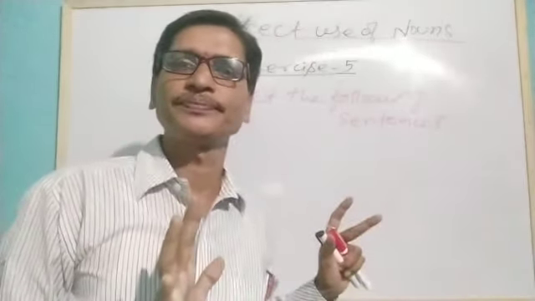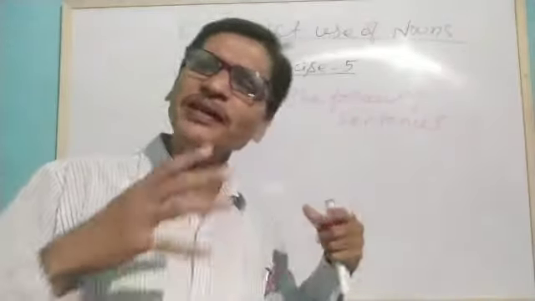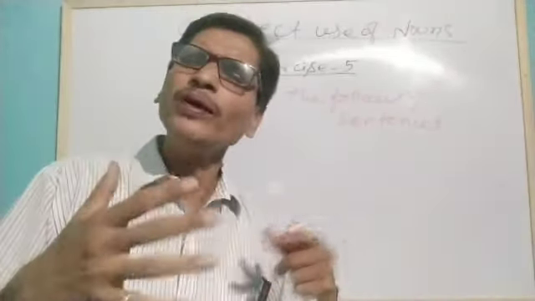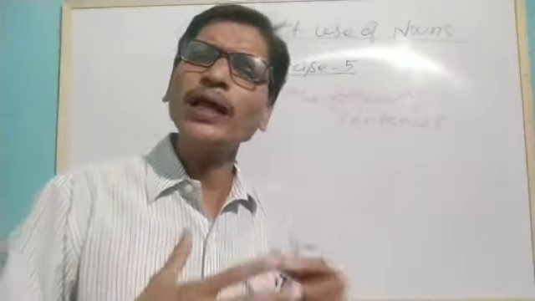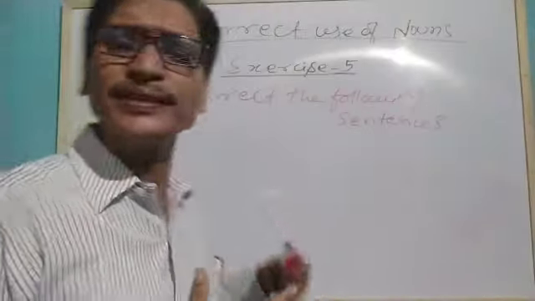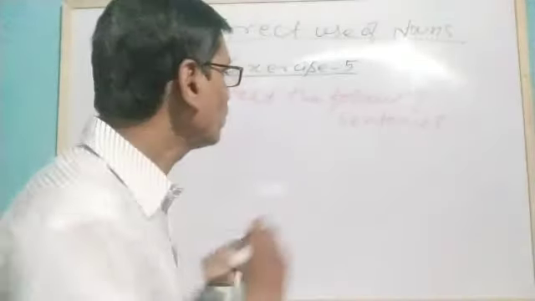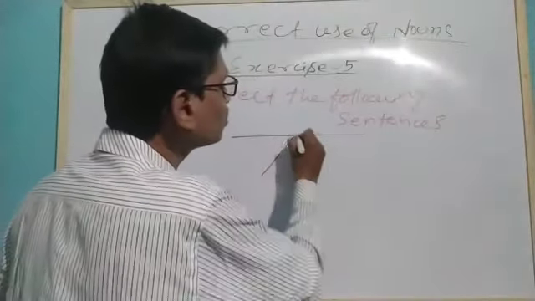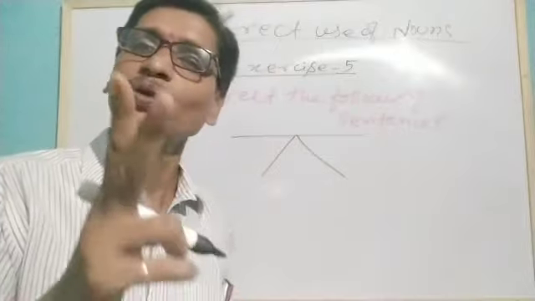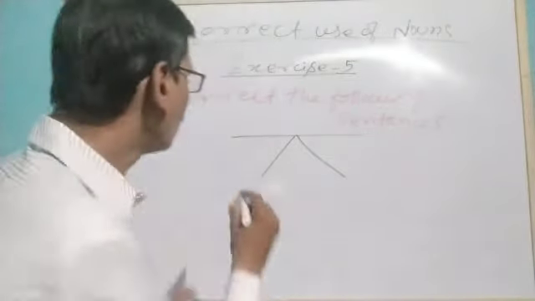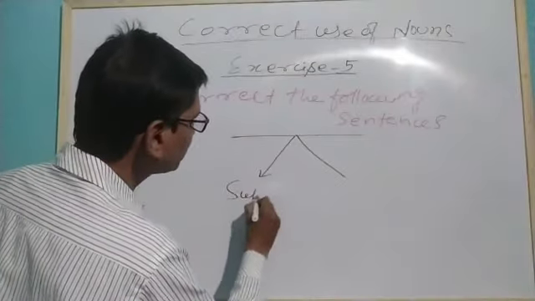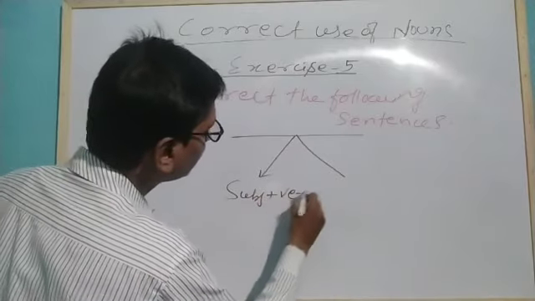Very important. So how can we correct the errors? How can we correct the sentences? As far as our knowledge is concerned, we can correct based on two things, because two subjects we have learnt till date. One is subject-verb agreement.